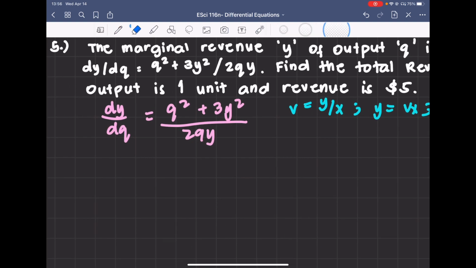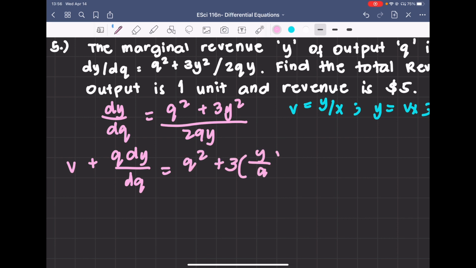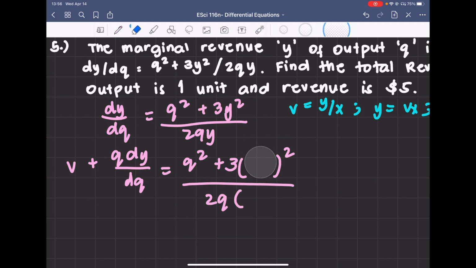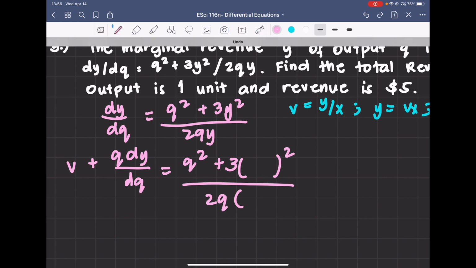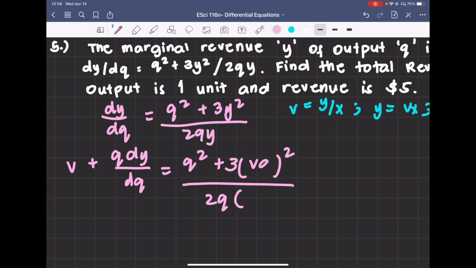So that's v plus q dv over dq equals q squared plus 3 times (vq) squared all over 2 times q times vq.